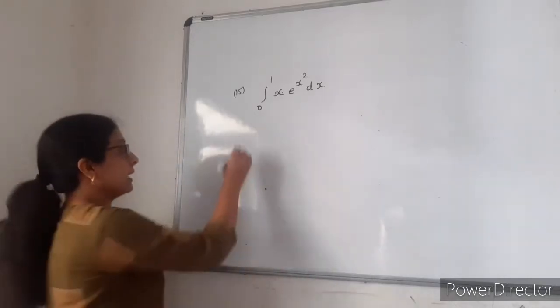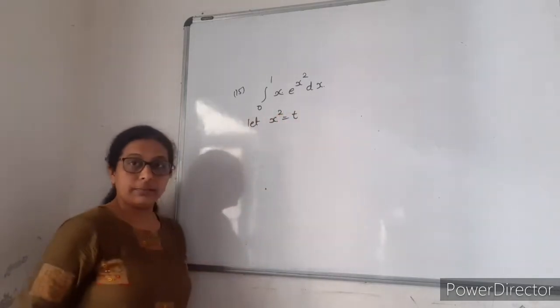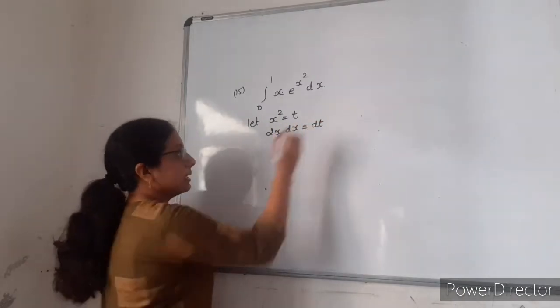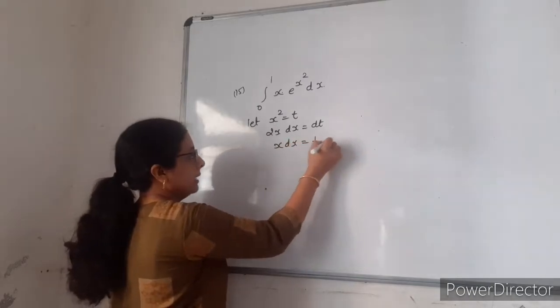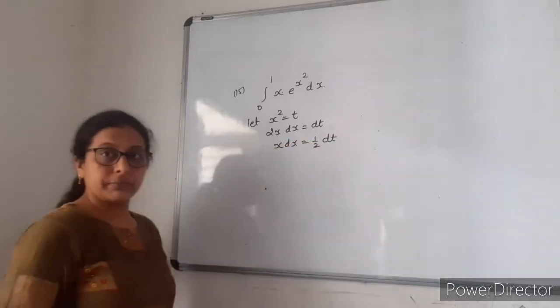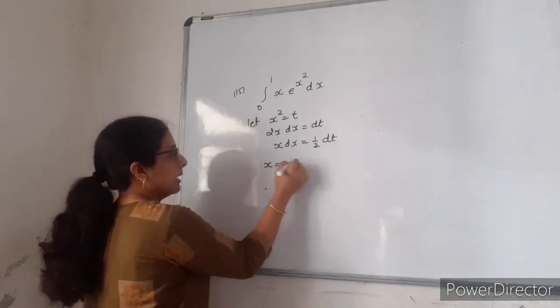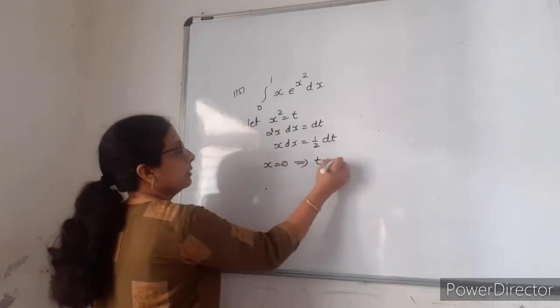So now we will take let x square equal to t. 2x dx is equal to dt. So x dx is 1 by 2 dt. Now whenever x equal to 0, t is also 0.